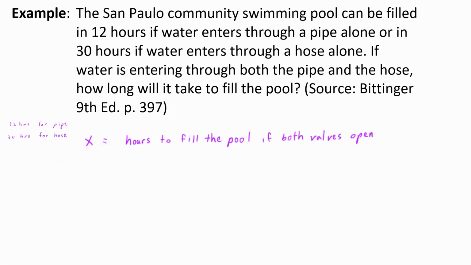So if it takes 12 hours for the pipe to finish the job, would you agree that the pipe fills 1/12 of the pool in 1 hour? Let me write that statement down. The pipe fills 1/12 of the pool per hour.